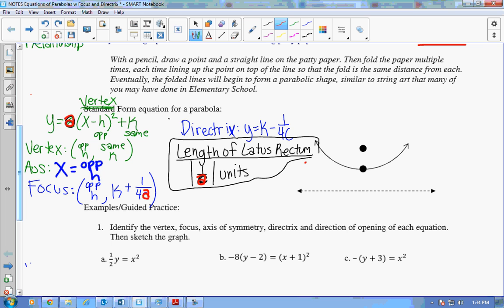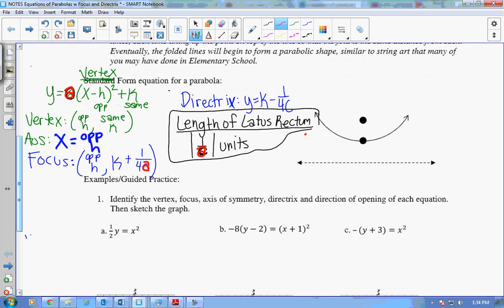The focus, that point floating in our parabola, that has a relationship to the distance any point on the parabola is from the directrix, is a point. Guess what? The focus is directly above the vertex or below the vertex, which means the x stays the same. All that changes is the y. So all three of these have opposite h, opposite h, opposite h.